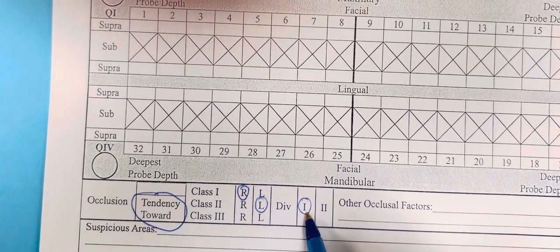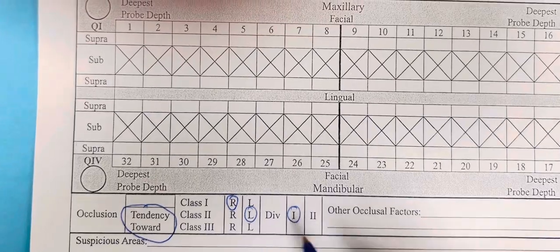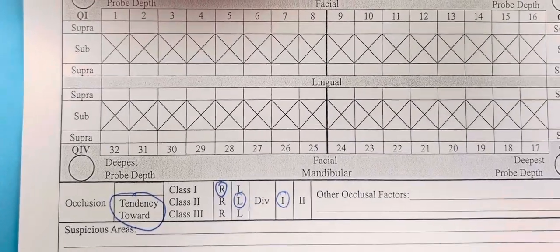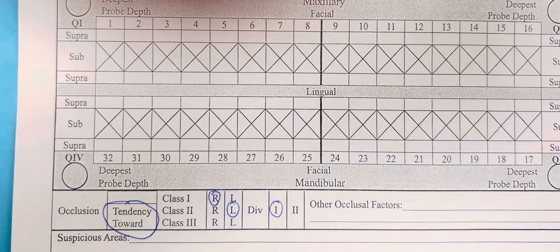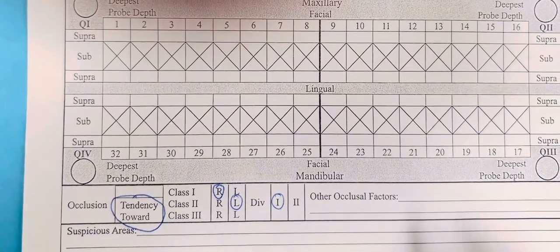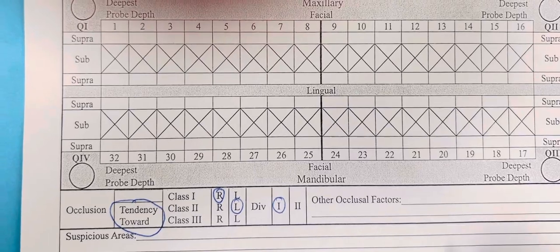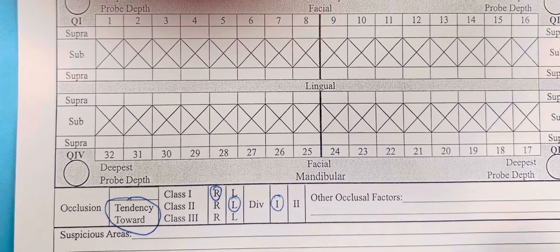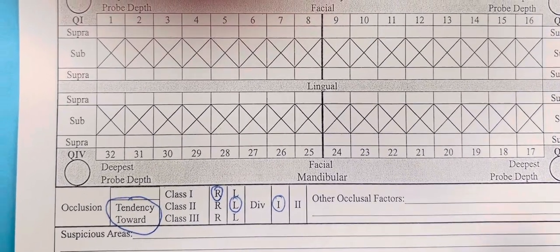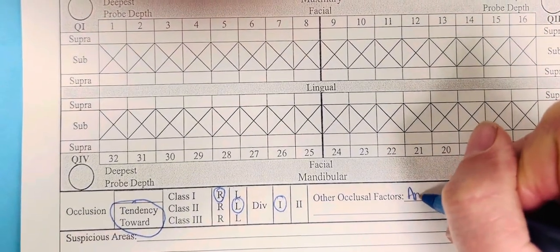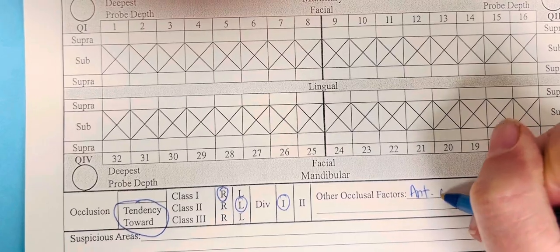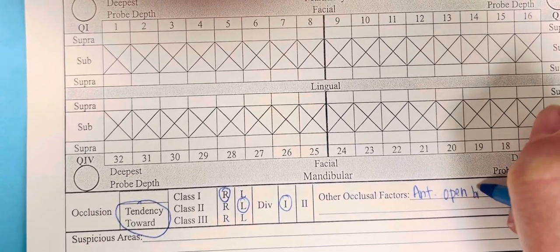The next thing to evaluate with occlusion is any malrelations of groups of teeth. These are things like open bite, cross bite, overjet, etc. And when you chart malrelations of groups of teeth, you need to determine what is the exact location. So for example, maybe you could say they have an anterior open bite.